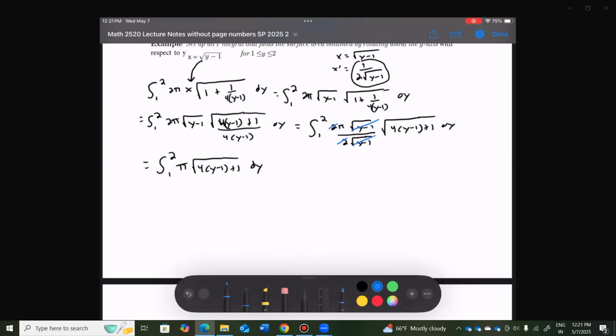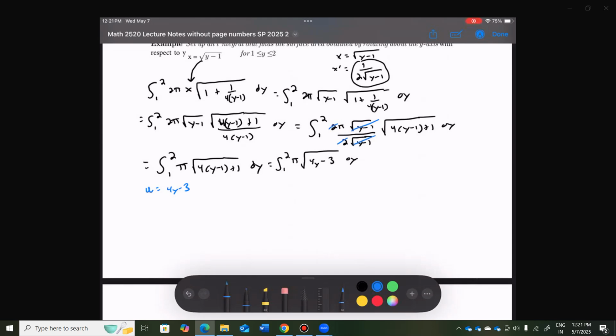Okay, so I use a u substitution here as well: u equals 4y minus 3. Let me take that one more step further: when I distribute the 4, I get 4y minus 4 plus 1, which is minus 3. So that's why I'm using that u substitution.